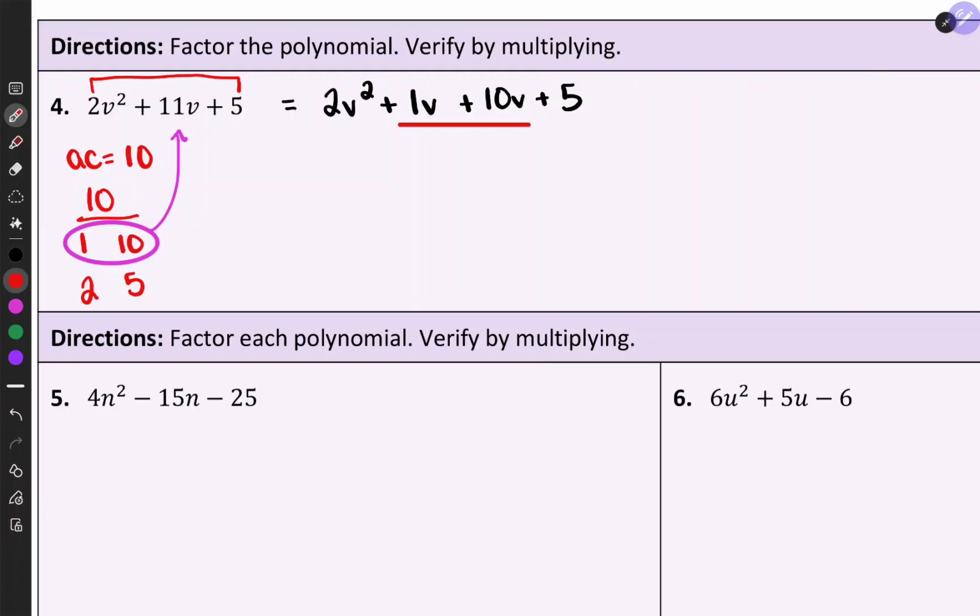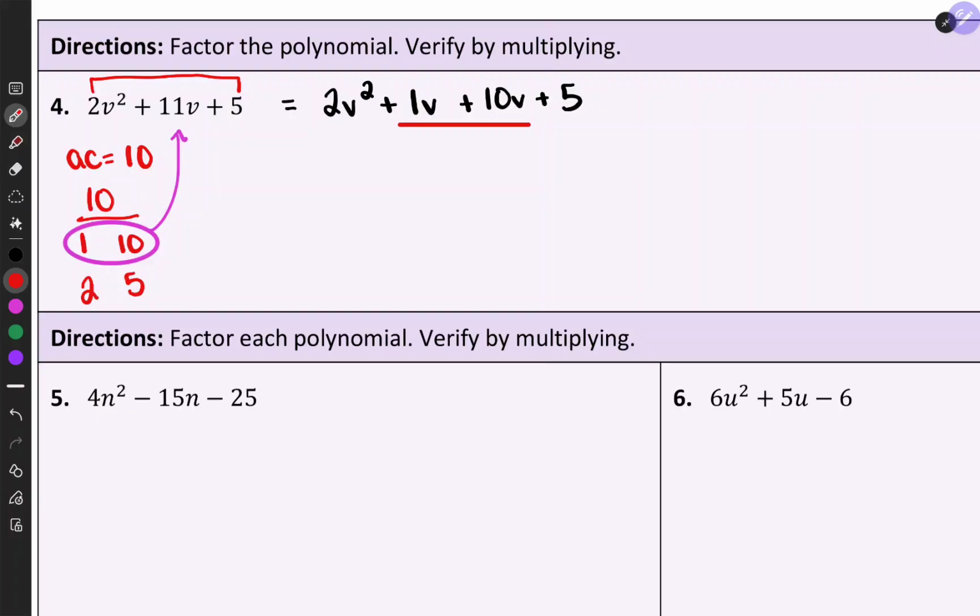And the answer is no. It doesn't matter. Just roll with it. Whichever way you do it, there will be a common factor. If there's not, then you probably picked the wrong factor pairs, or it's not factorable, and that can happen sometimes.